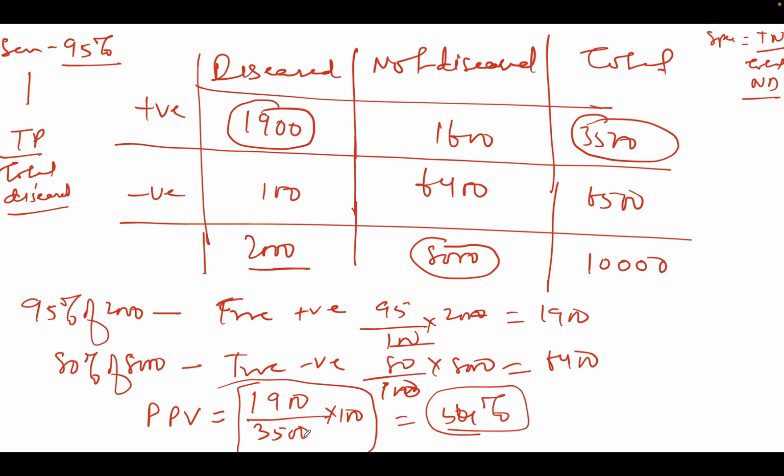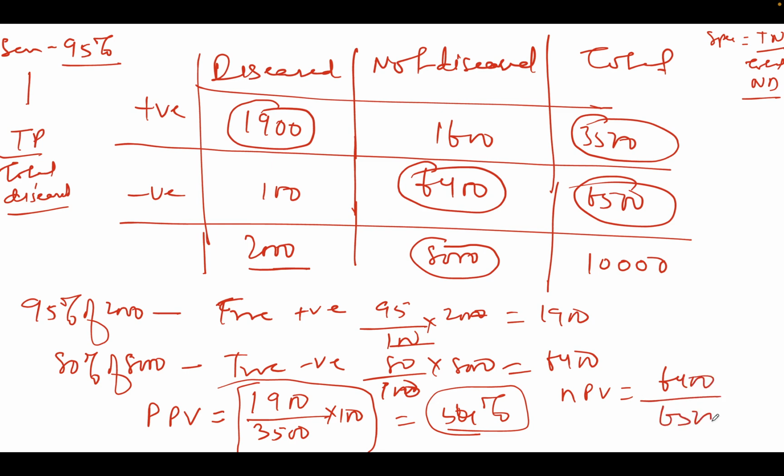So this is my positive predictive value. If I have to calculate negative predictive value, I'll repeat once again: capacity of the screening test to correctly identify true negatives out of total negative predicted. So 6,400 out of 6,500 into 100. This is your negative predictive value.